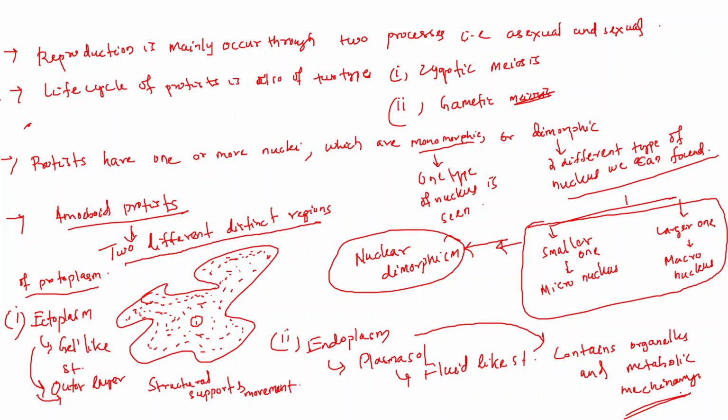But endoplasm is the inner fluid-like structure. It is also known as plasma sol and contains different cell organelles, and here all metabolic reactions occur.